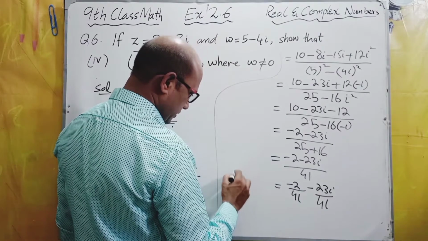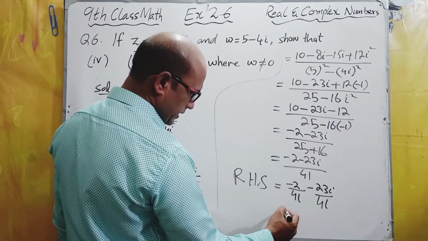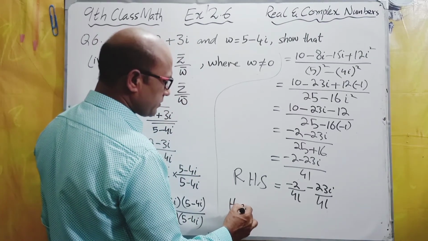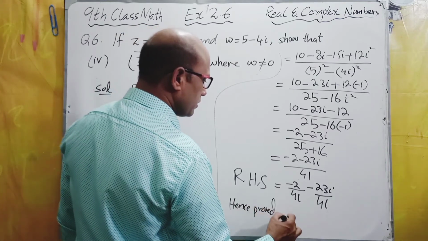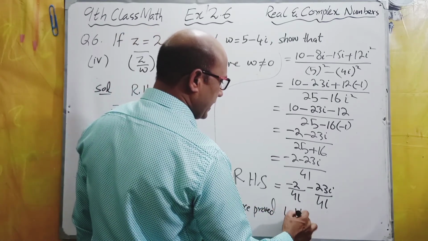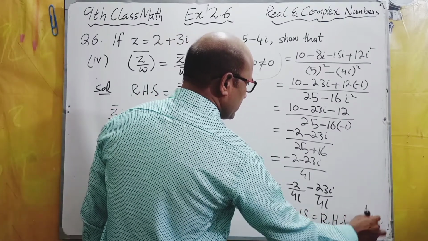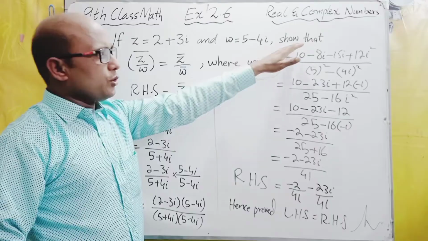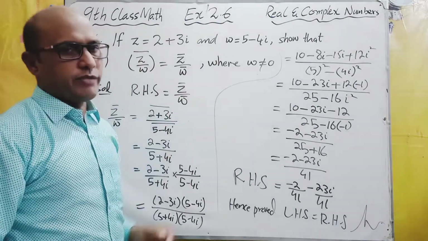So this is the right hand side and it is equal to the left hand side. So we can write, hence proved. Left hand side is equal to the right hand side. So students, this is how to prove or show both sides equal by putting the given values.